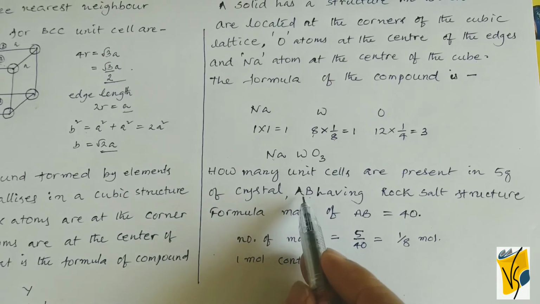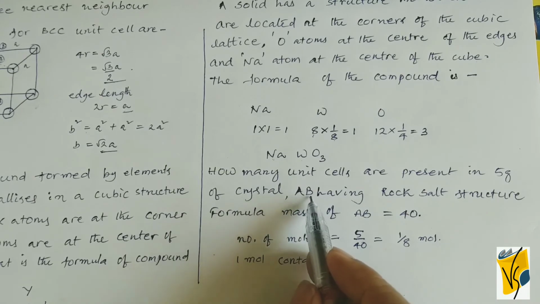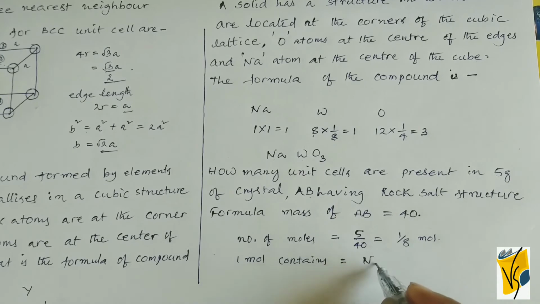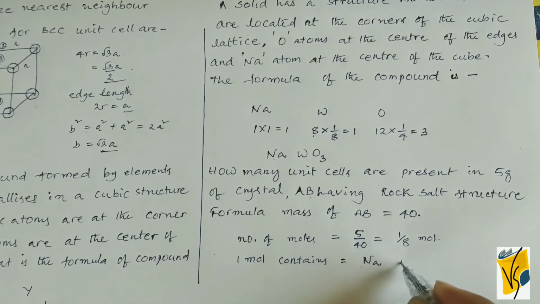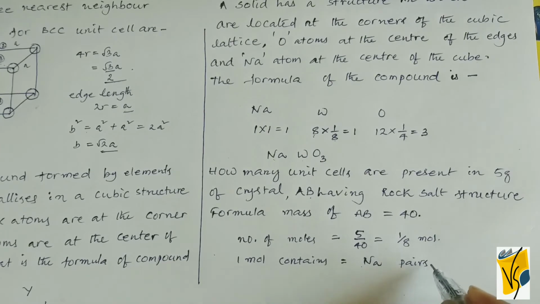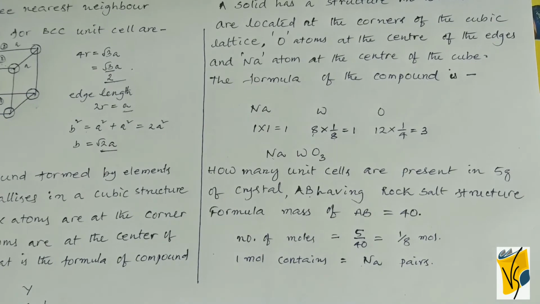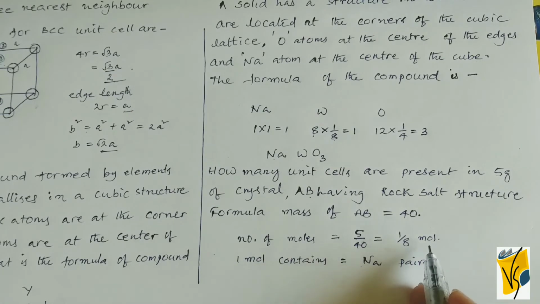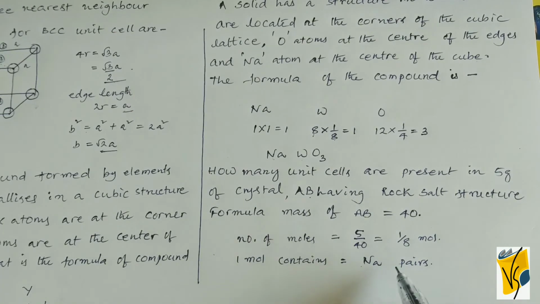So 1 mole of compound contains Avogadro number of ionic pairs, right? So 1 mole contains Na pairs of AB. Okay, so how many moles are there? 1 by 8 moles are there. So how many pairs are there?